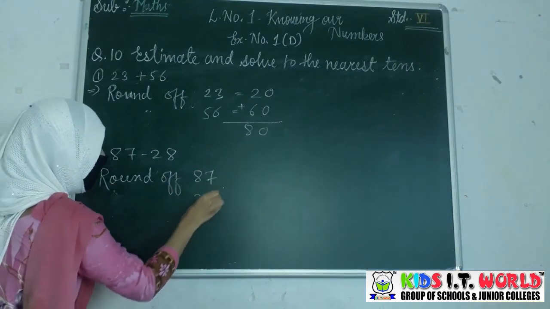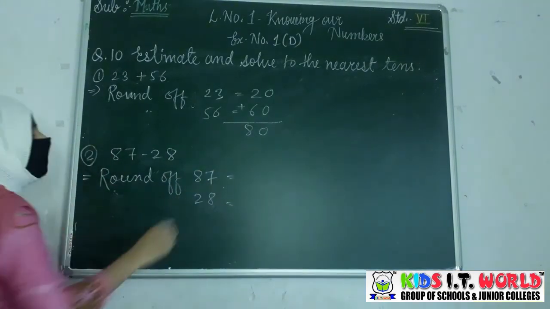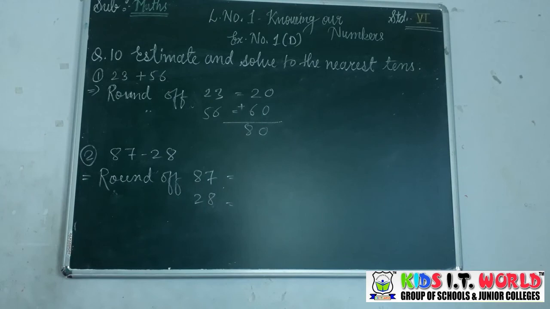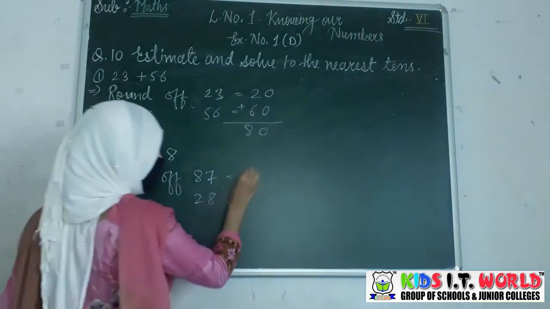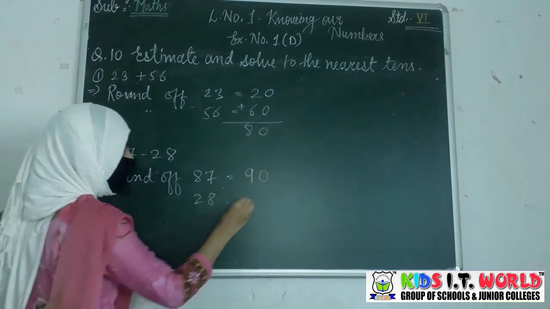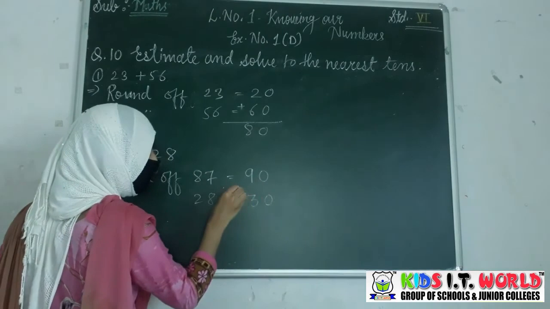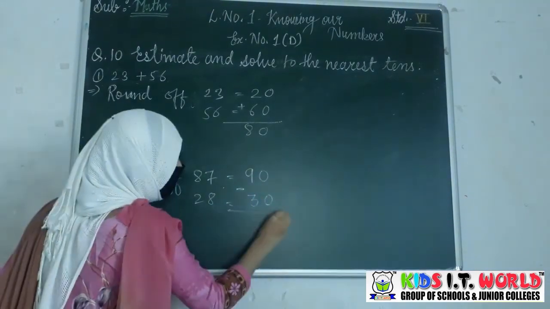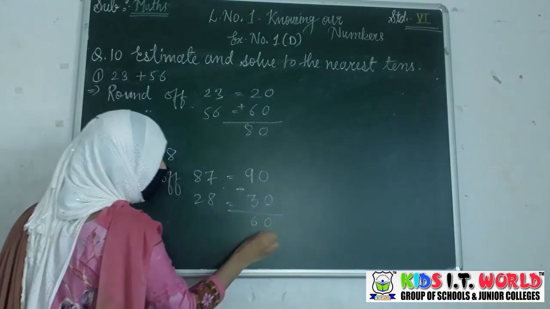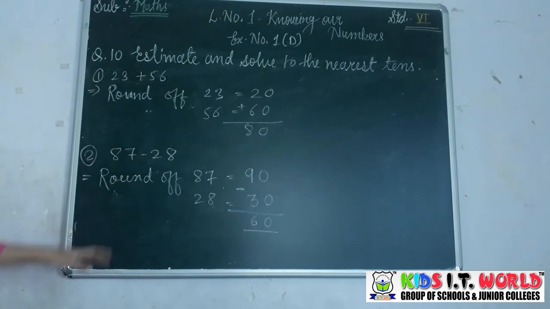The value nearest to tens of 87 will be 90, and for 28 it will be 30. Now do the subtraction: 90 minus 30, you will get 60, which is nearest to the tens.